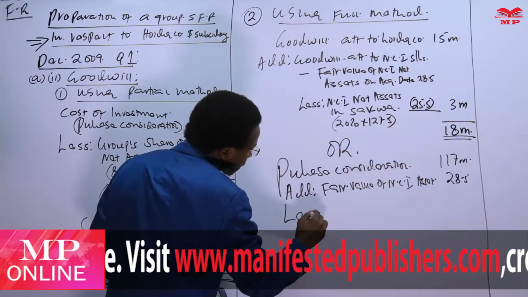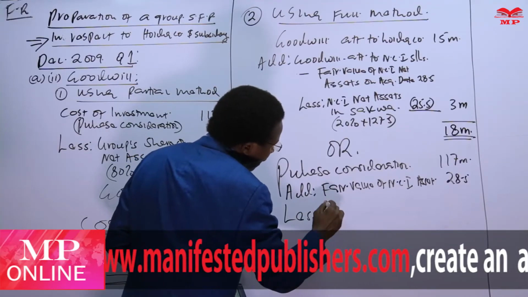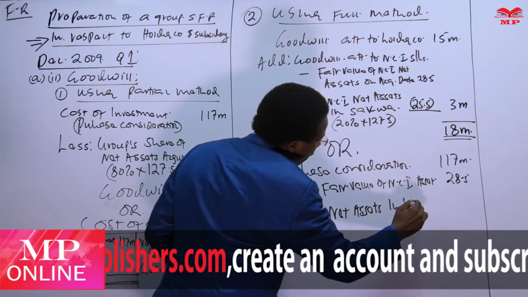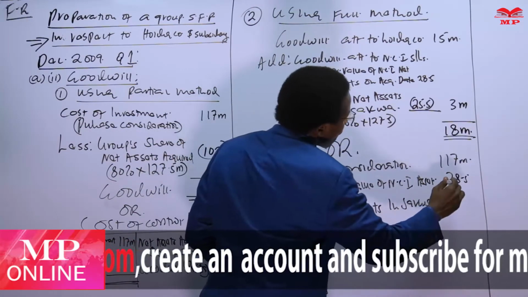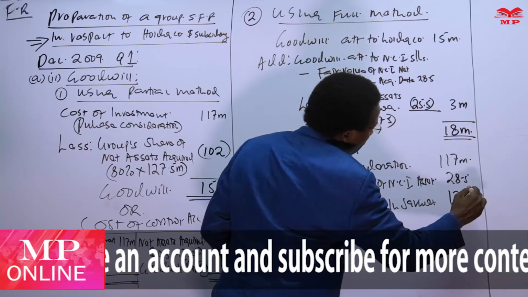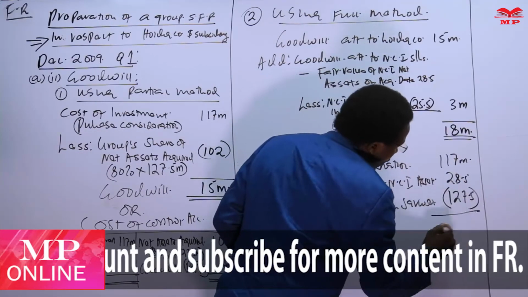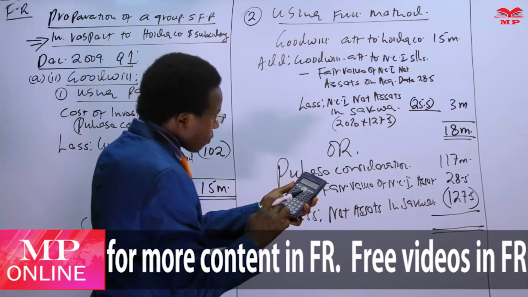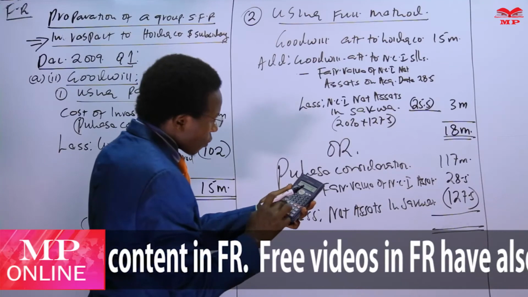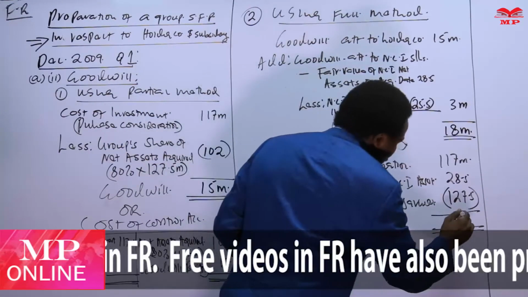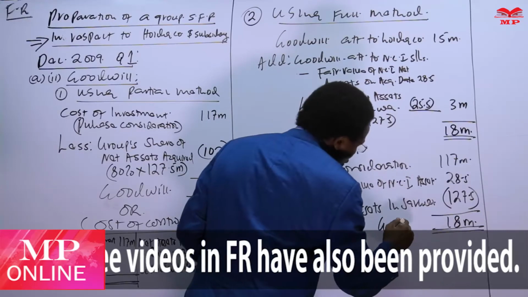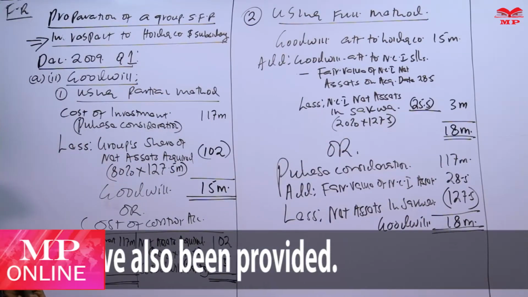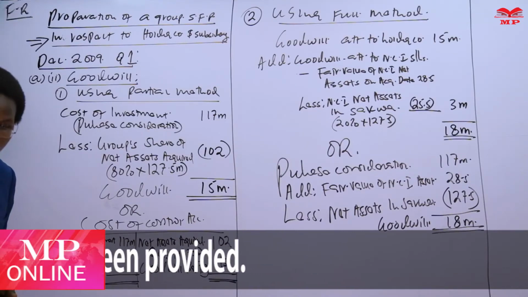Then you subtract the net assets in SACWA, which come to 127.5 million. If you do that, you take 117 plus 28.5 minus 127.5, you will get the 18. That will be our goodwill. So that is another way of calculating the goodwill on acquisition if you are using the full method.